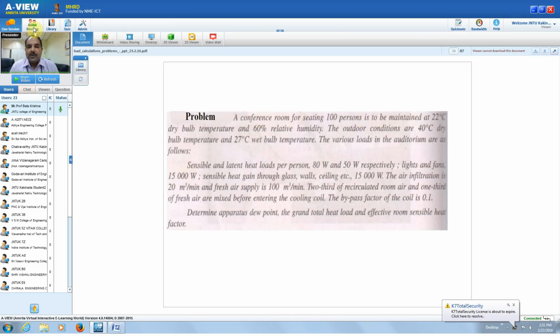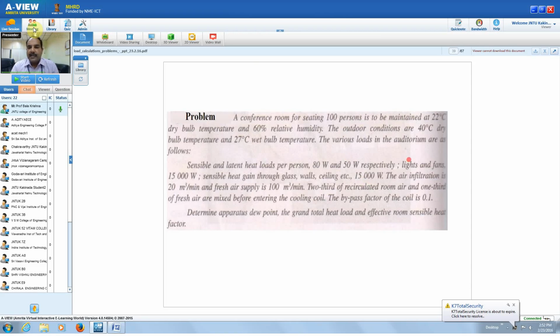Sensible heat gain through the glass, walls, ceilings, etc. is 15,000 watts. The air infiltration is 20 cubic meters per minute, and fresh air supply is 100 cubic meters per minute. Two thirds recirculated room air and one third fresh air are mixed before entering the cooling coil. The bypass factor of the coil is 0.1. Determine the apparatus dew point, the grand total heat, and the effective room sensible heat factor.